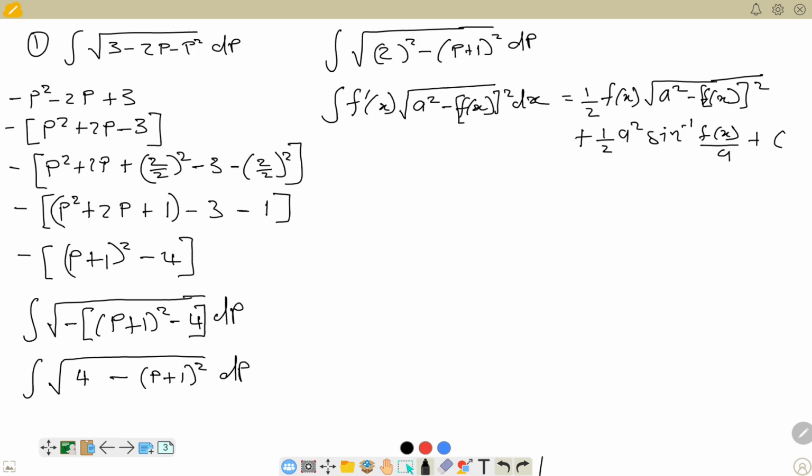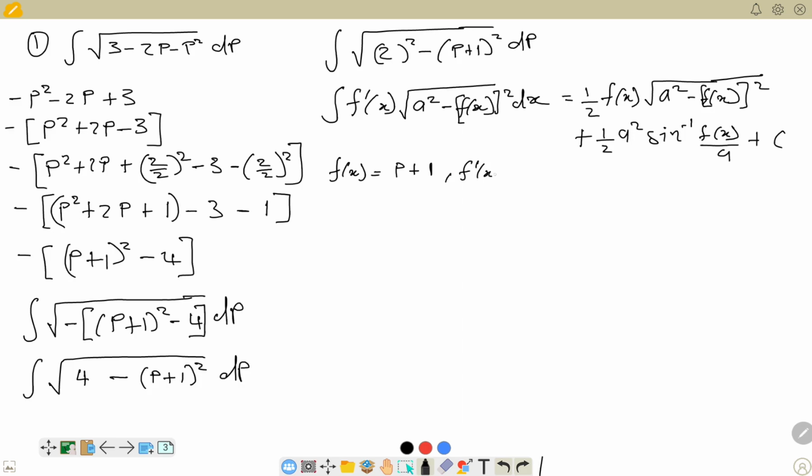So that is the formula that corresponds to that, and we can prove that by saying that our f of x is now p plus 1.